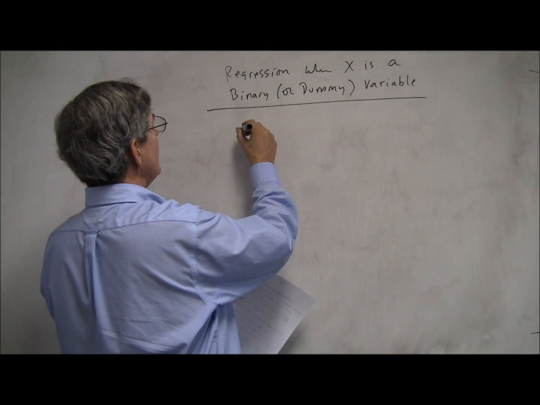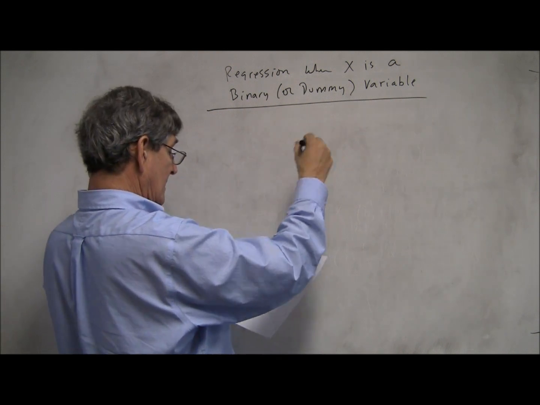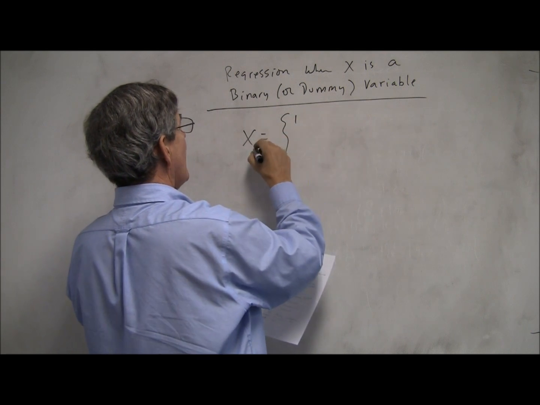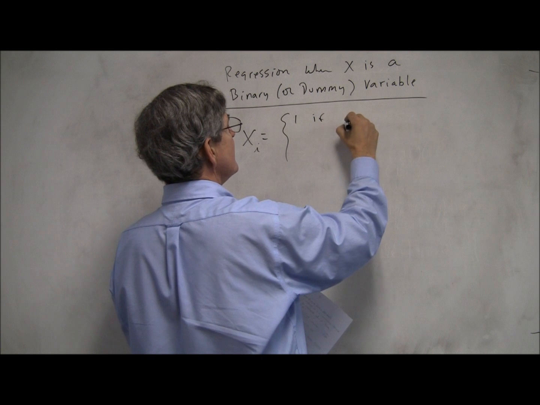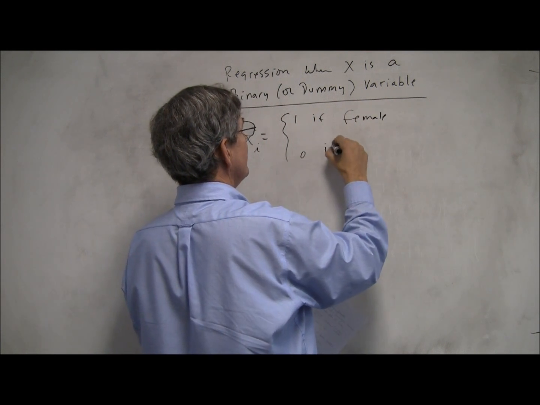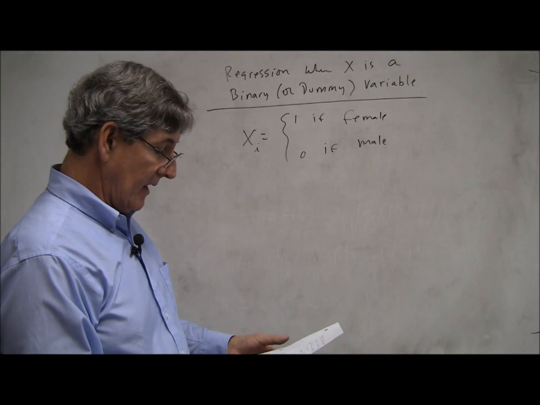So for instance, we might have a gender variable. So xi is equal to 1 if the person is a female, and 0 if the person is a male.